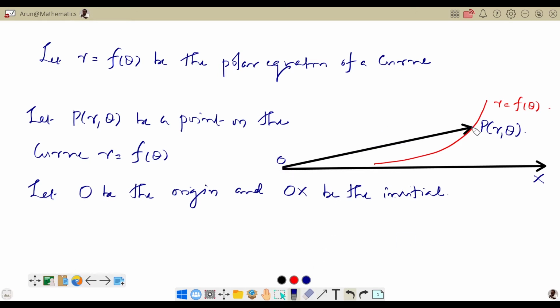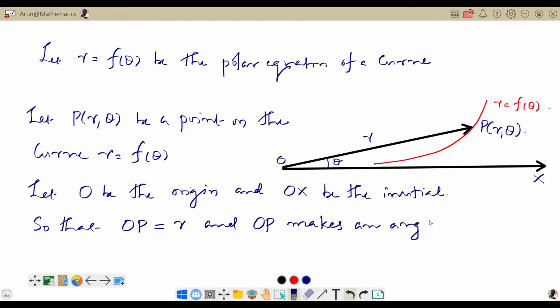So this length is r and this angle is theta, so that OP equal to r and OP makes an angle theta with initial line OX.